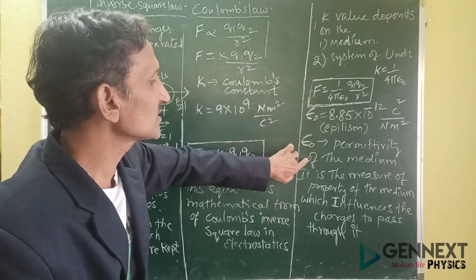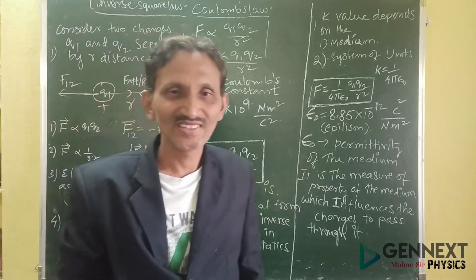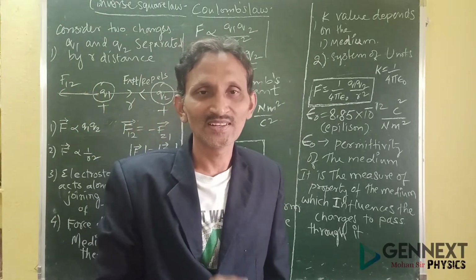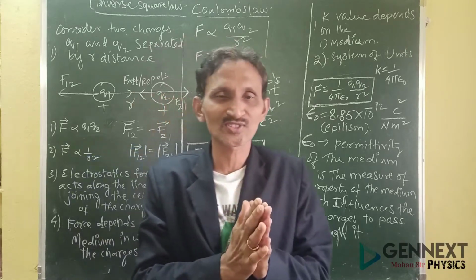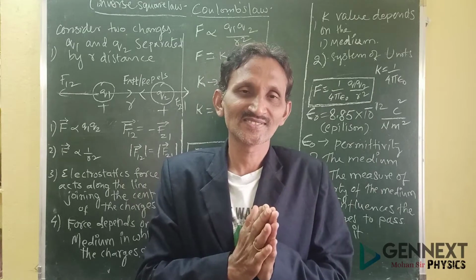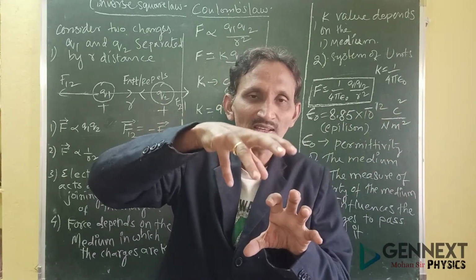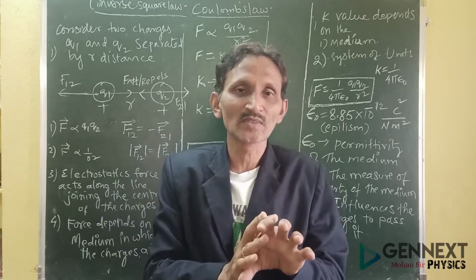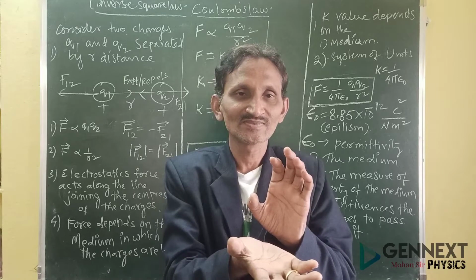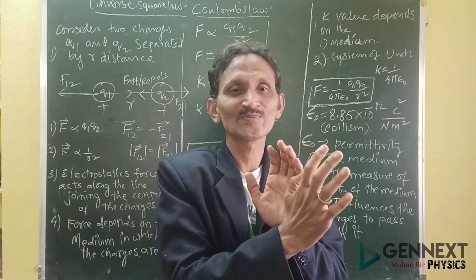This epsilon, the permittivity of the medium, is the measure of the property of the medium. It is the ability of the medium to pass the electrostatic force between the charges. When these charges are present in the air, the air has a capacity, that means the strength of the air, the measure of the permittivity of the medium. The medium will decide the flow of electrostatic force.